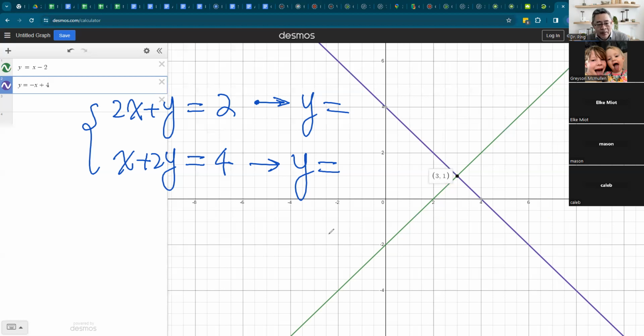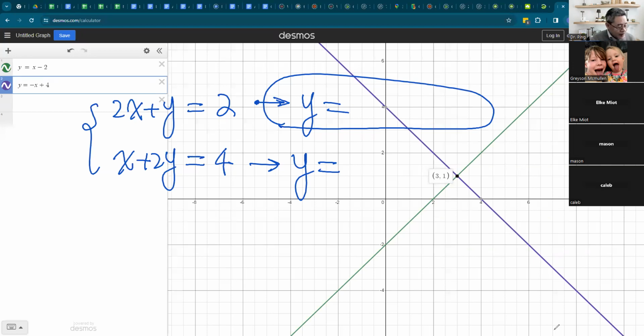Yeah, make sure we're talking about function, okay? So it won't be a number. It's y equals to something to do with x and something to do with constant. Mason, what's your answer?